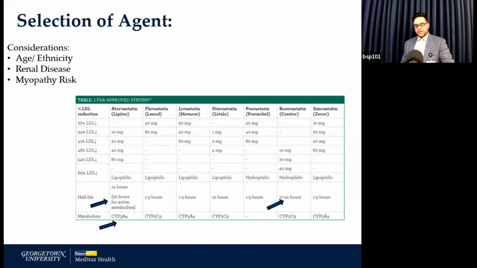These are long-acting medications. The other 2 things to know about these medications is rosuvastatin is renally cleared in part, and so there's always considerations. If the patient has CKD or renal insufficiency, you might want to defer to atorvastatin. Atorvastatin, on the other hand, is metabolized through the cytochrome P450 pathway.